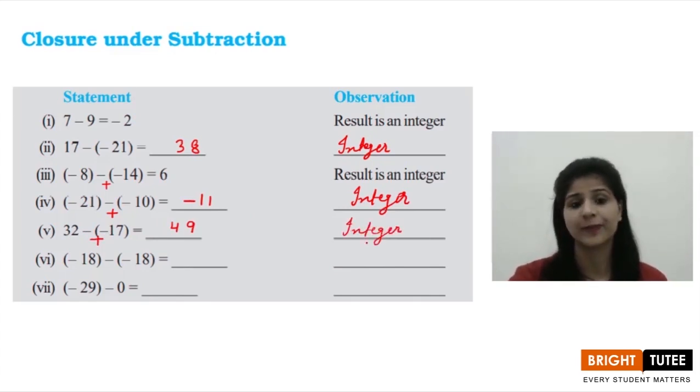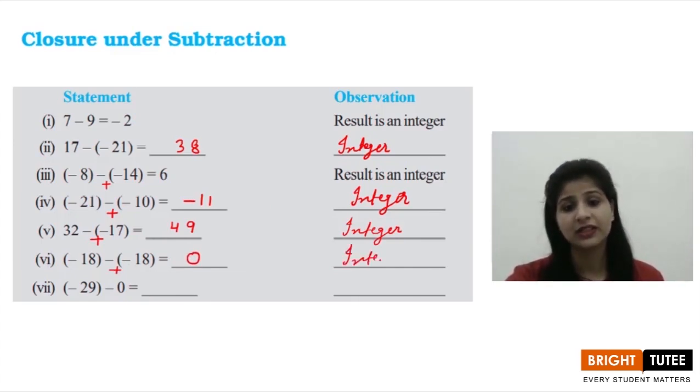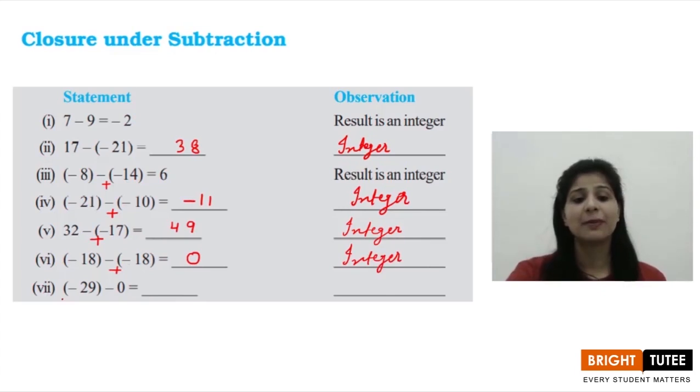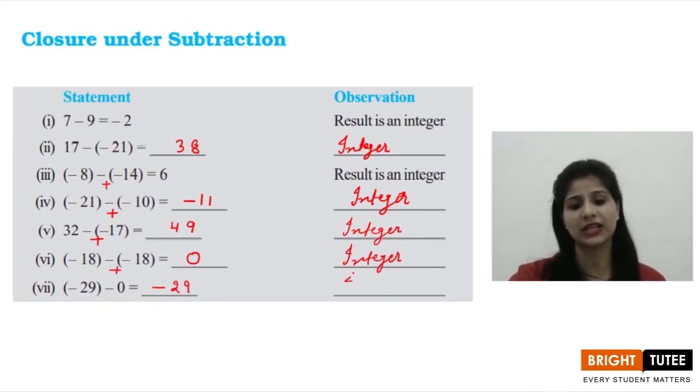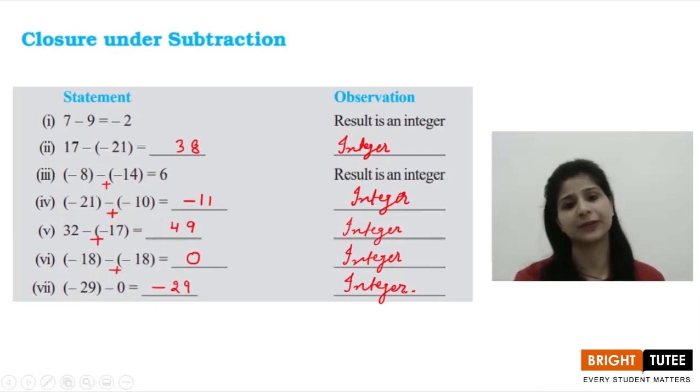It is an integer. Minus 18 minus minus 18, minus and minus would become plus. Minus 18 plus 18 is 0. Yes, 0 is an integer. Minus 29 minus 0, that means we are subtracting nothing from minus 29. So we'll be just left with minus 29 and yes, it is an integer.